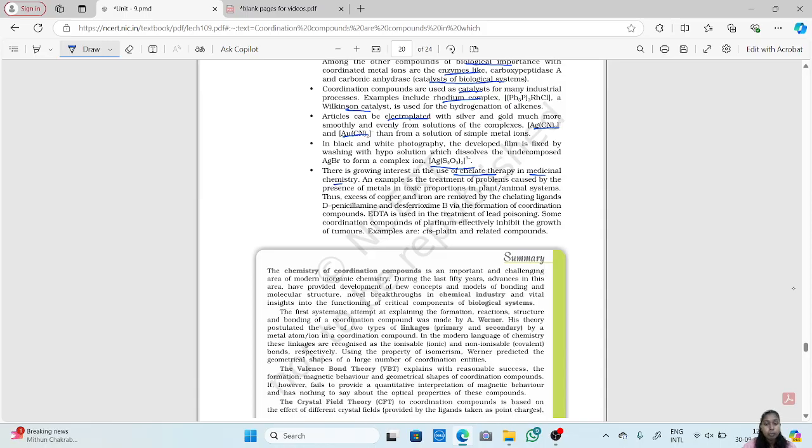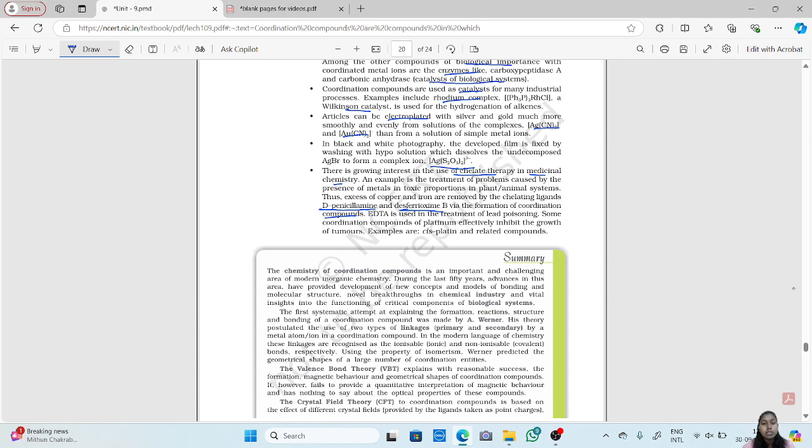Thus the excess of copper and iron is removed by chelating ligands like D-penicillamine and desferrioxamine B via the formation of coordination compounds. These ligands form coordination compounds with these metals and they are removed out of your body.